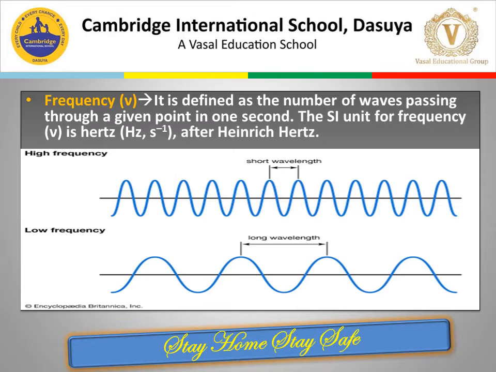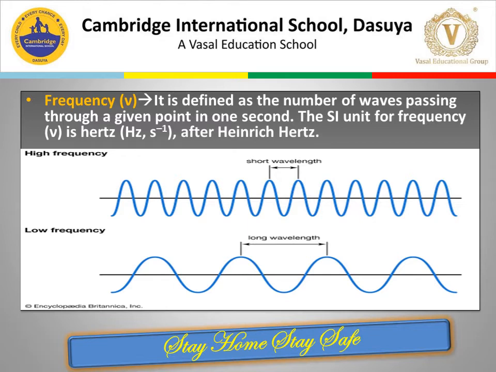If we see the distance of the two waves here, the distance is the same. Let us suppose this distance is covered in 1 second. So the high frequency wave train has 12 waves passing through a point in 1 second, and the low frequency wave has 4 waves passing through a point in 1 second.